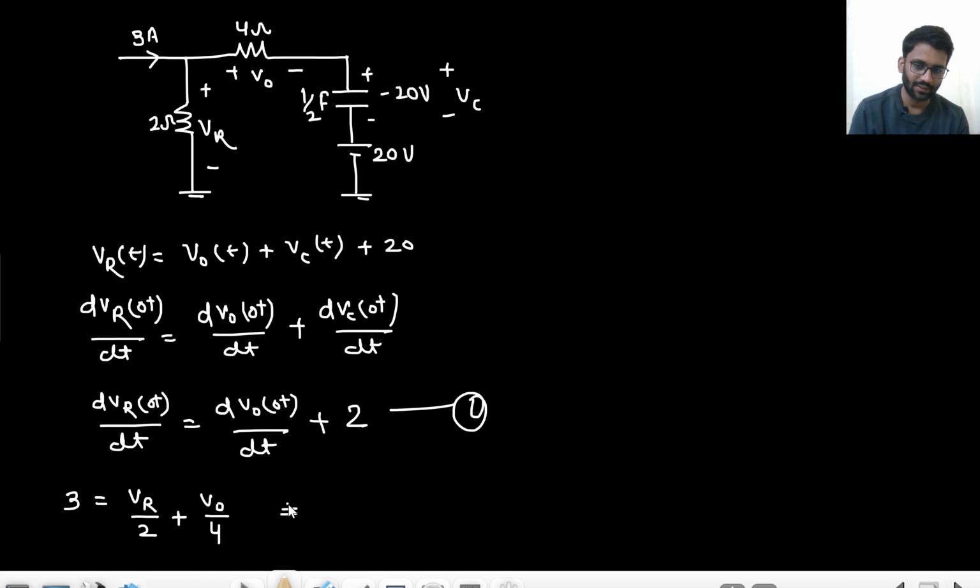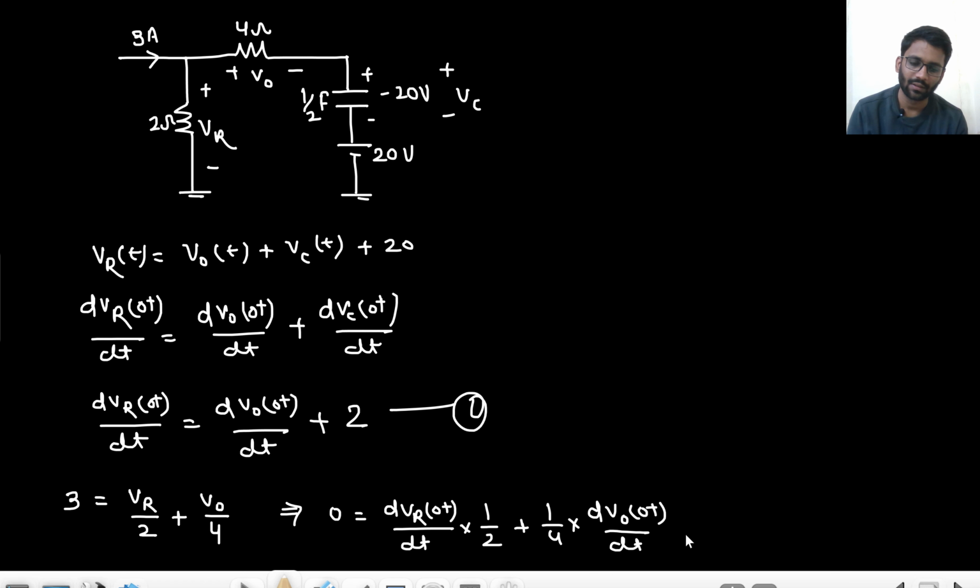So if I differentiate it, what will I get? 0 is equal to dVR(0+) by dt into 1 by 2 plus 1 by 4 into dV0(0+) by dt. So here what is the relation that I am getting?